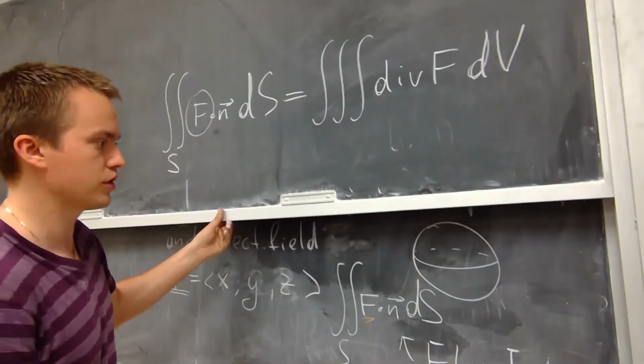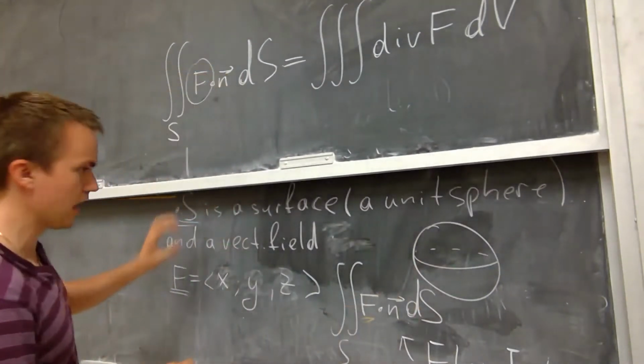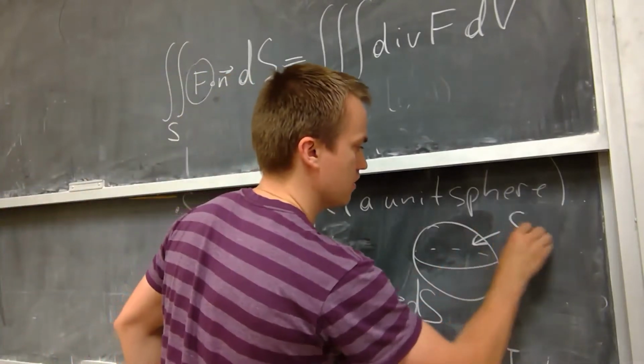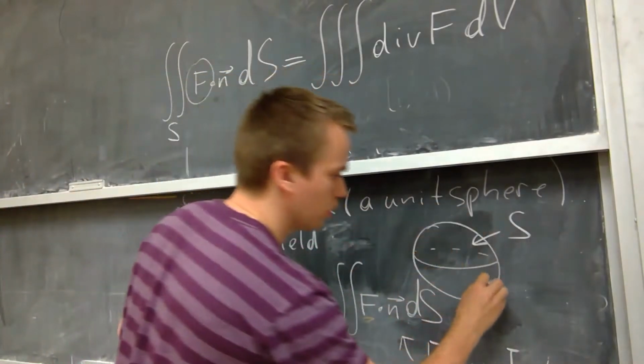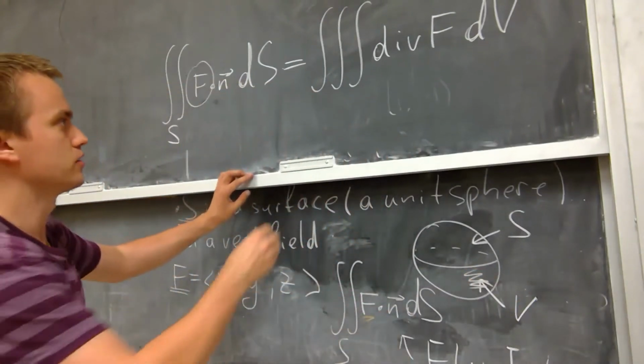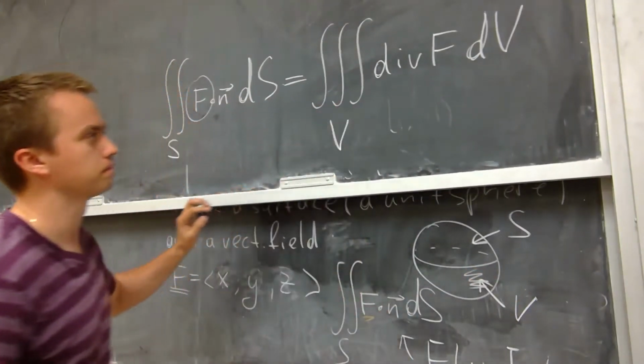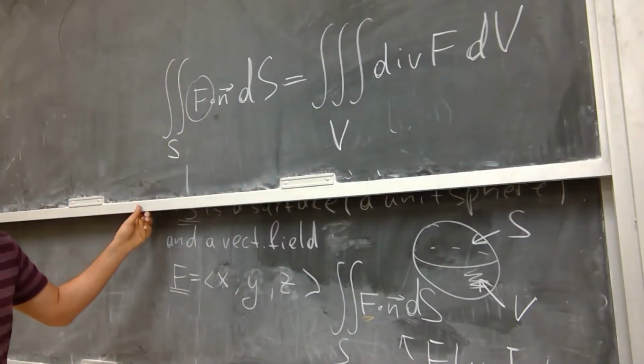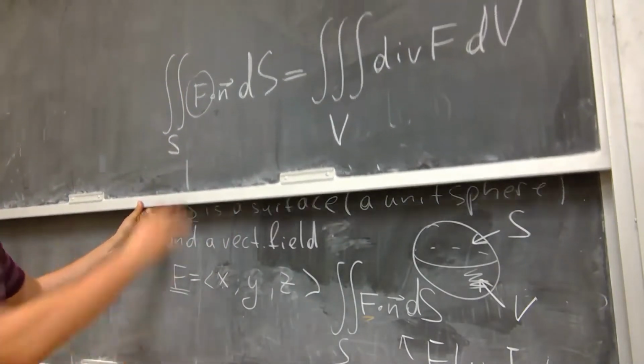If the original S is a sphere, then the unit ball is my V. A unit ball is a sphere with its inside. So it's the triple integral over V. And this is the divergence theorem.